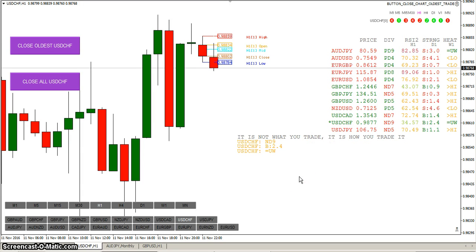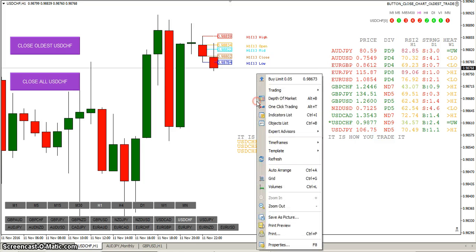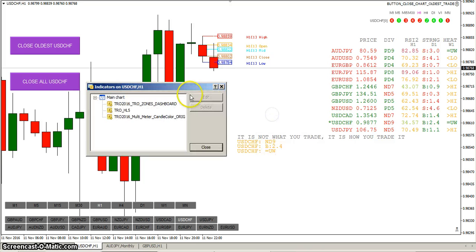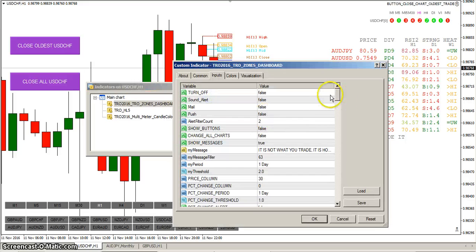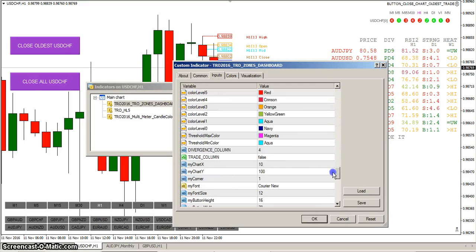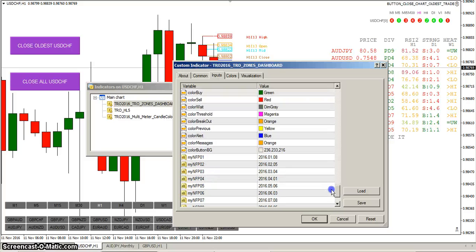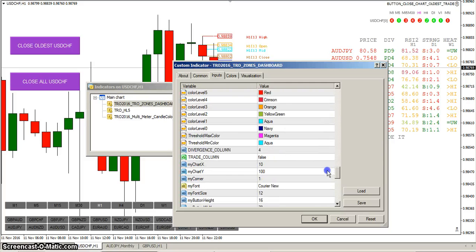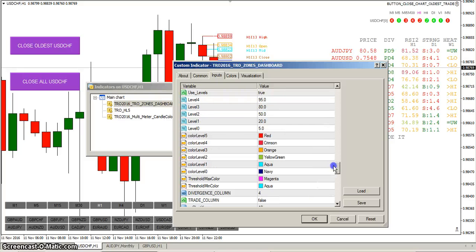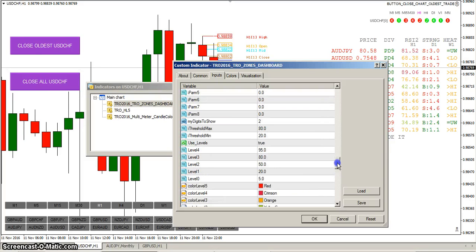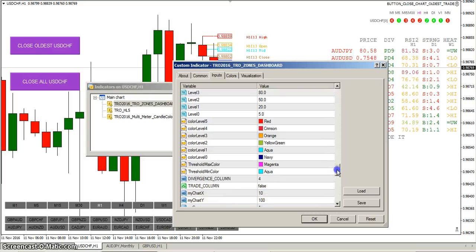And so that, I think, makes this indicator pretty powerful. I know I'll probably figure out something else to add to it, but right now I don't know what that could be, because this thing is almost like a Swiss Army knife, you know, everything including the kitchen sink type of indicator.